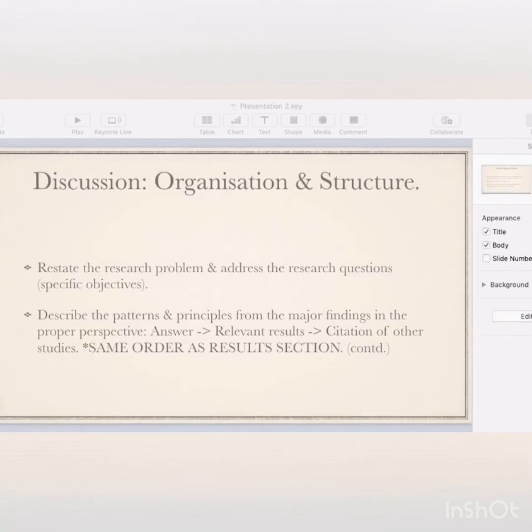At first, we have the answer or results according to the specific objectives or research questions. And then these results can be explained further and also reiterated through the citation of previous studies. Again, the more recent, the better. And also these questions must be addressed in the same order as the results section.